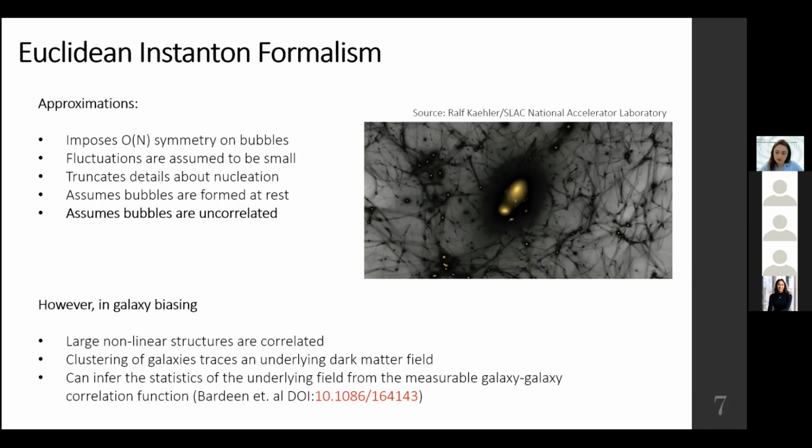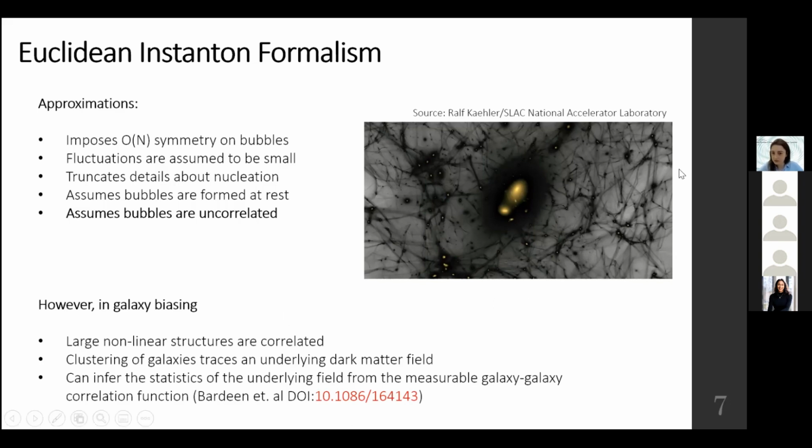So galaxy biasing is the observed fact that luminous matter in the universe is not distributed according to the expected density based on the amount that we observe, but rather it traces an underlying density, an underlying massive field, which is the dark matter field.